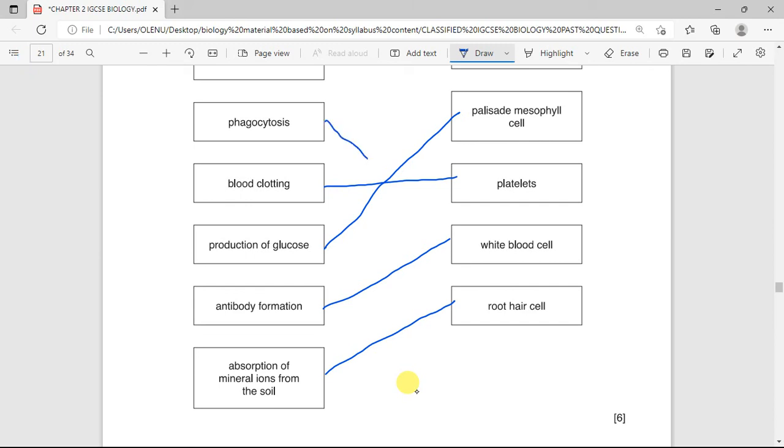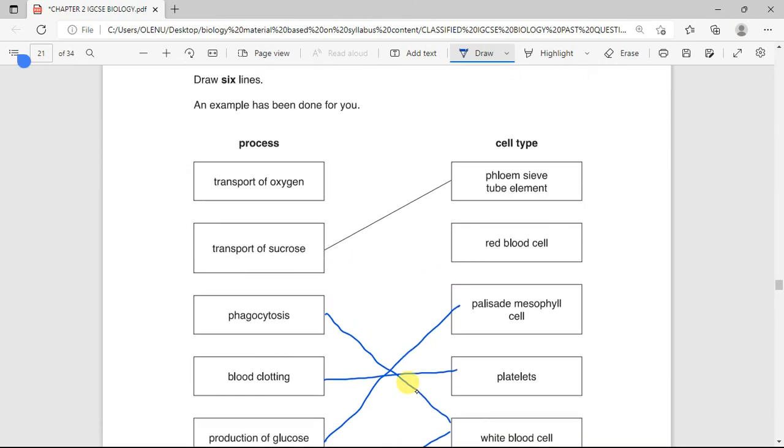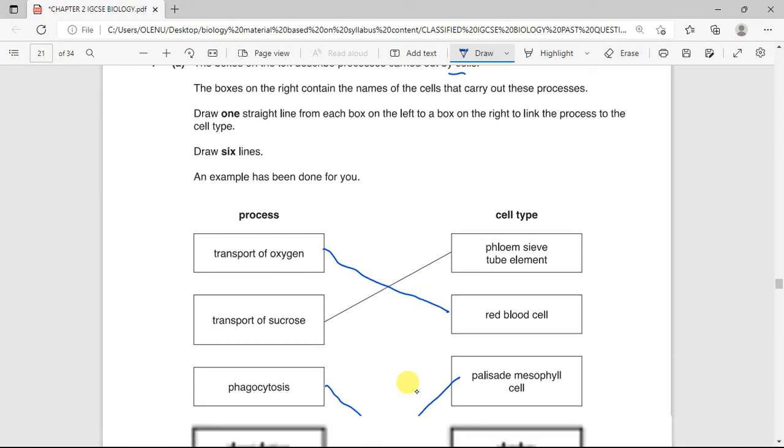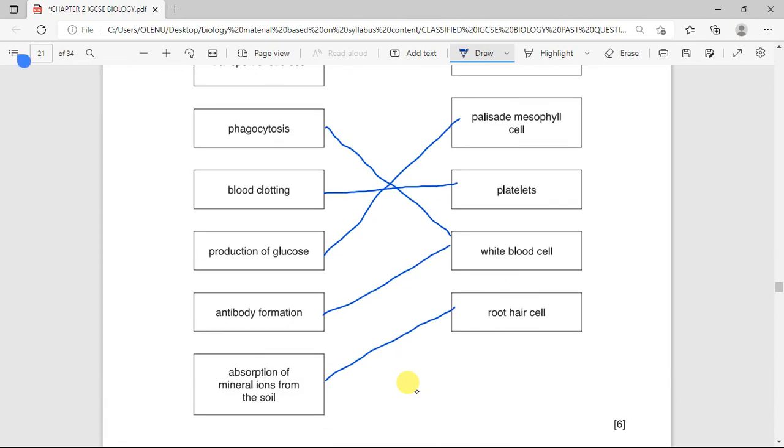Phagocytosis, white blood cells. Transport oxygen, red blood cells. So how many lines did I draw? 1, 2, 3, 4, 5, 6. So that's the answer.